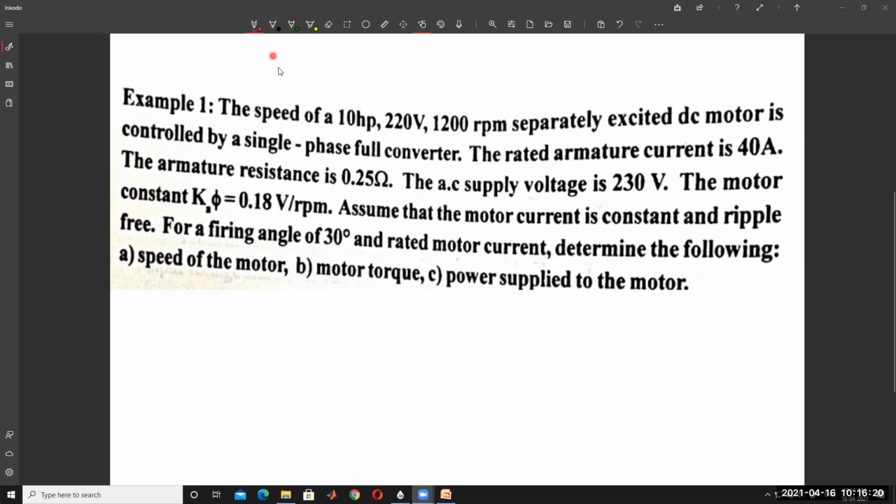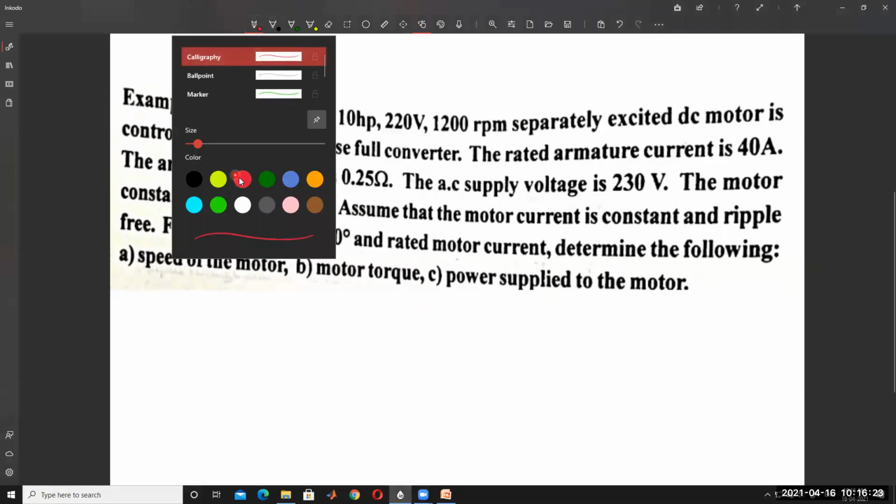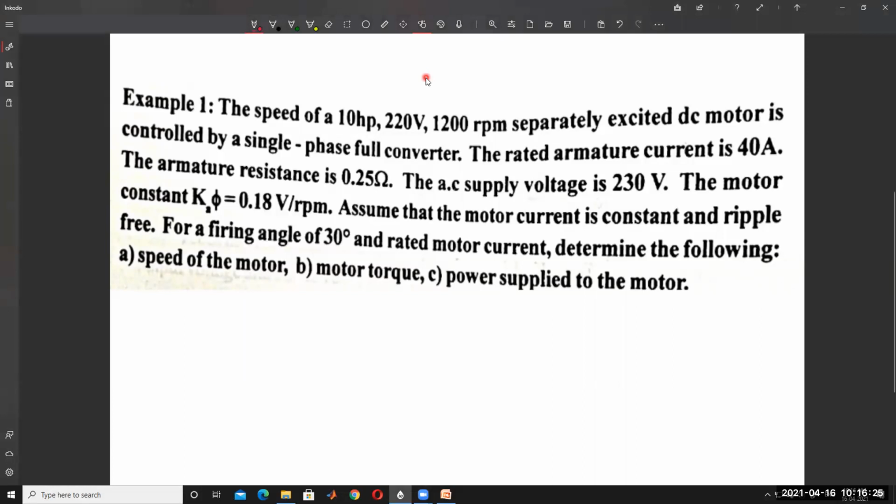Everyone write the given data first. The power is equal to 10 HP.